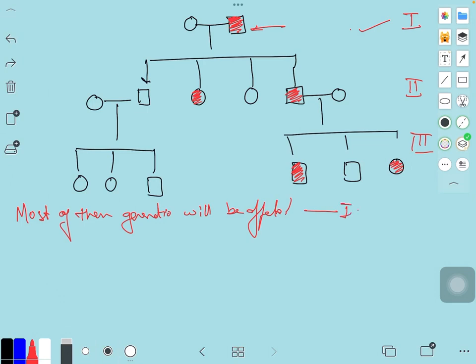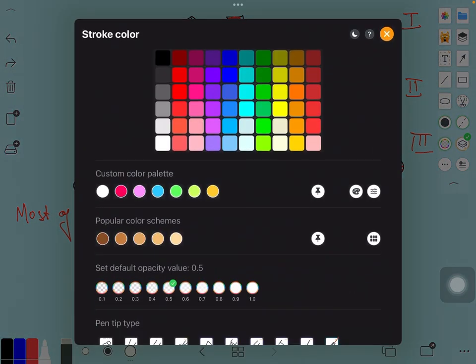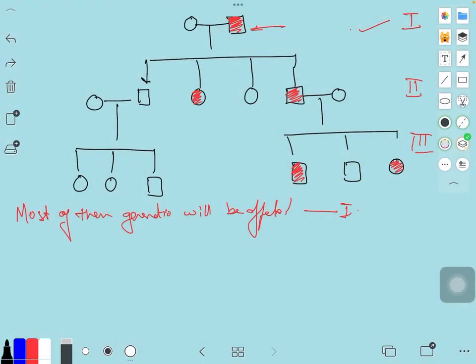Point number 2, inheritance can be either from male or from the female. For example, let's say this female in second generation got married, and if she has children, then there will again be a chance of having the disease. Let's say he got affected.